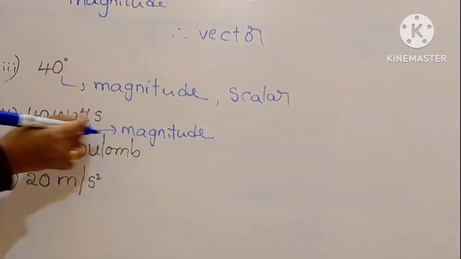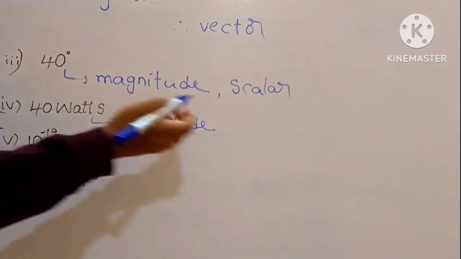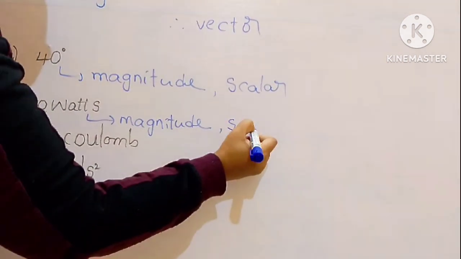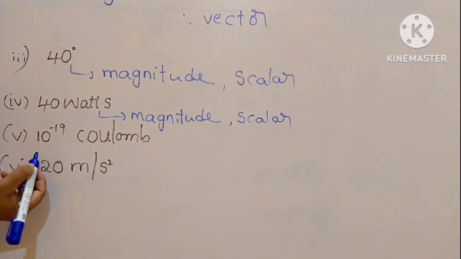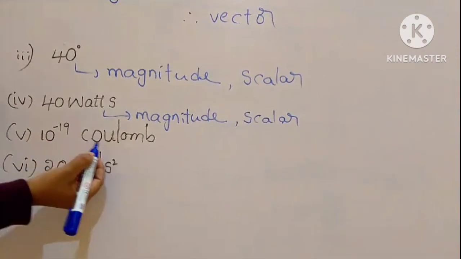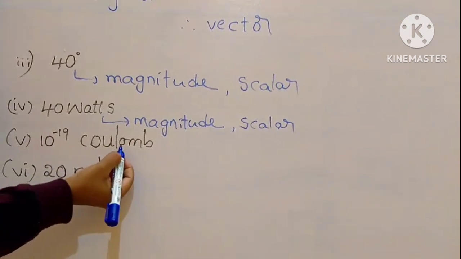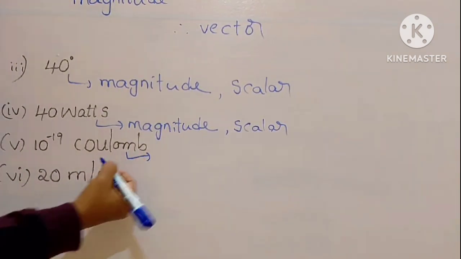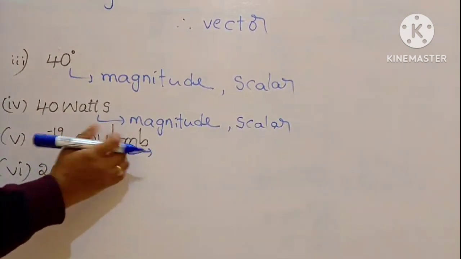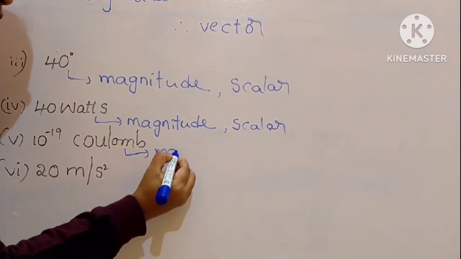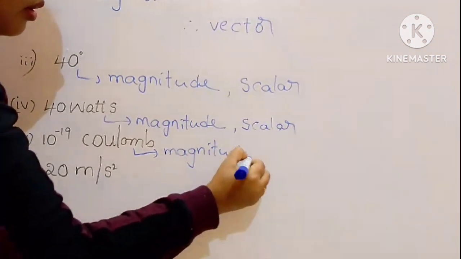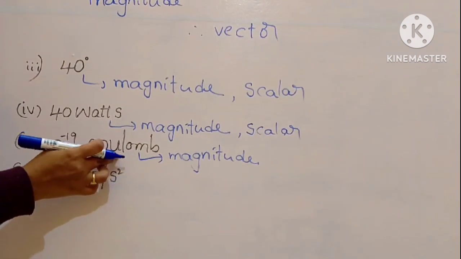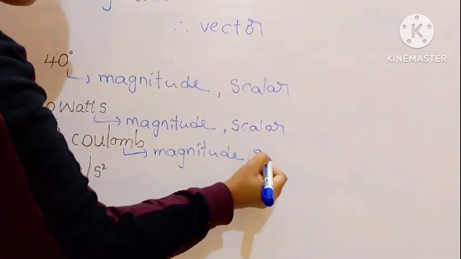Only magnitude. In this, there is no direction. So, it is scalar. Next, coming to the next question. 10 to the power of minus 19 coulomb. You check only this measurement. What is this coulomb? Coulomb represents magnitude. In this, no direction. So, it is scalar.